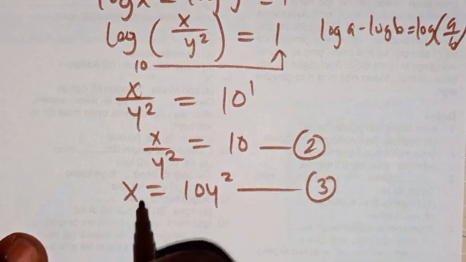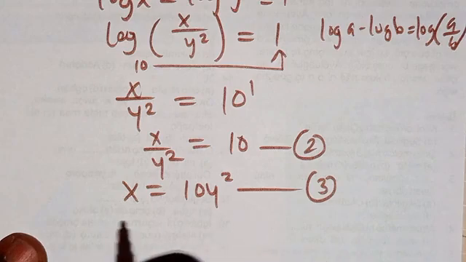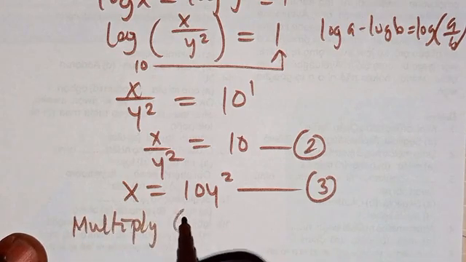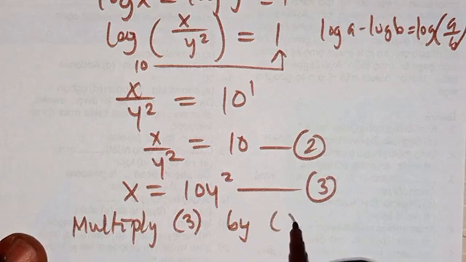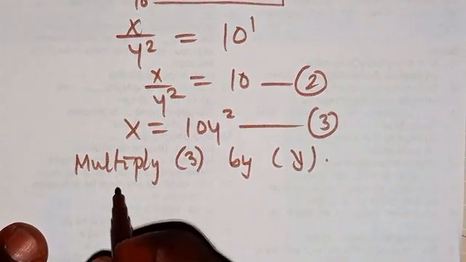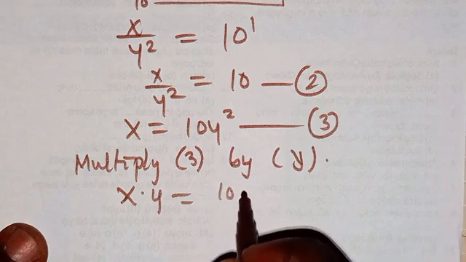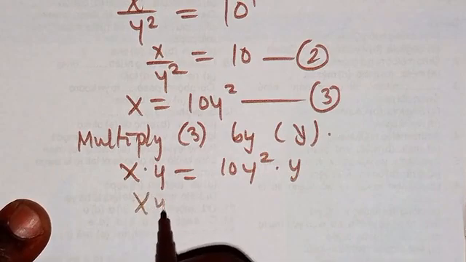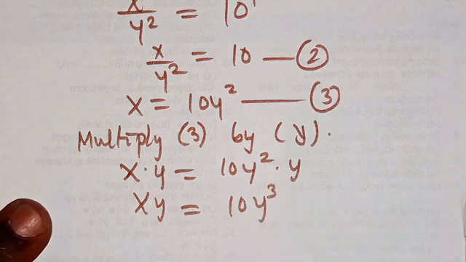What if I multiply equation 3 by y? So what am I going to have? x multiplied by y equals 10 y squared multiplied by y. So xy equals 10y to the power 3.